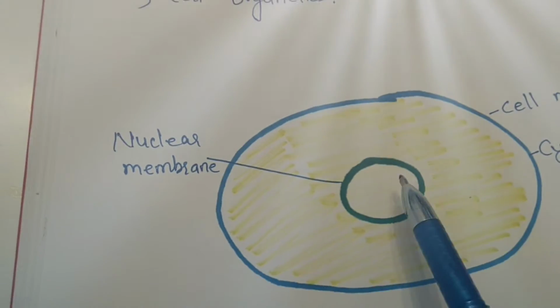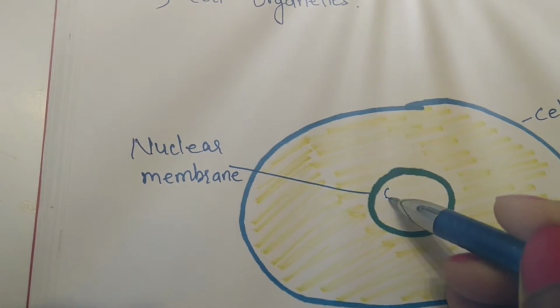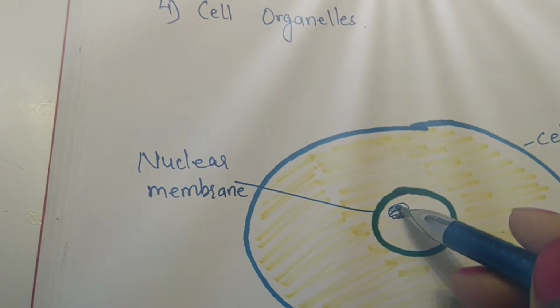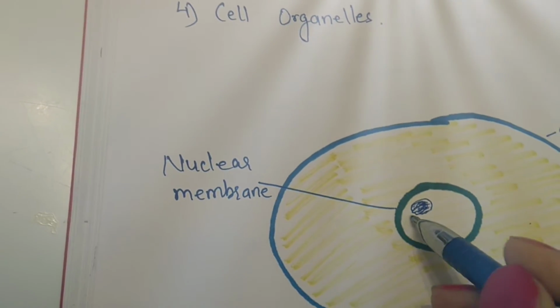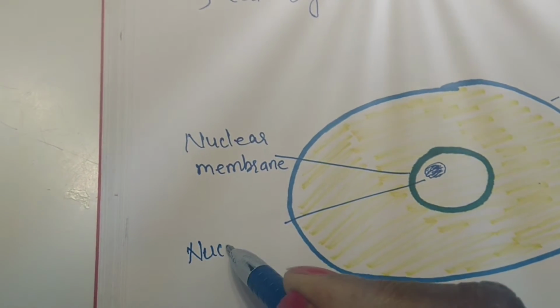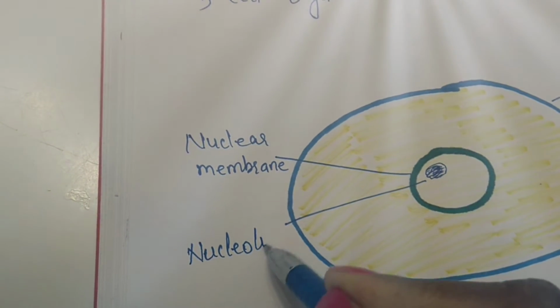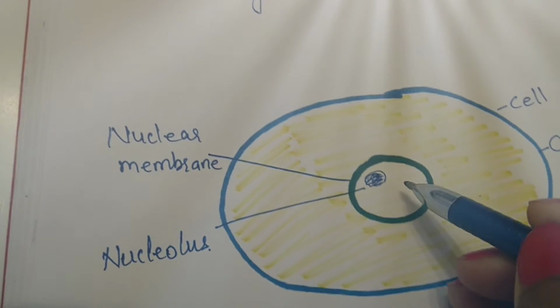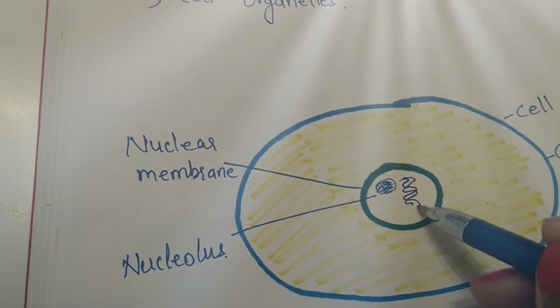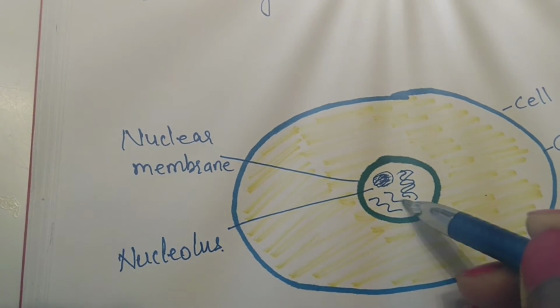Inside the nucleus is present a very dense region which plays a very important role in cell division. This dense region is called nucleolus. And apart from this, inside the nucleus, what is present is the chromatin network.